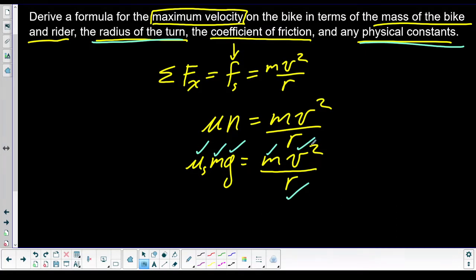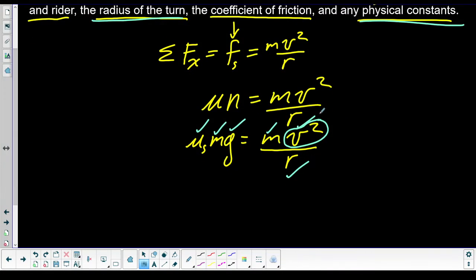Now all we have to do is isolate the velocity. We want the velocity, not the velocity squared. So let's multiply both sides by r, and then let's also divide both sides by m to get this m away from it. The r's cancel, the m's cancel. This mass is the mass of the thing going in a circle, that's me and the bike.